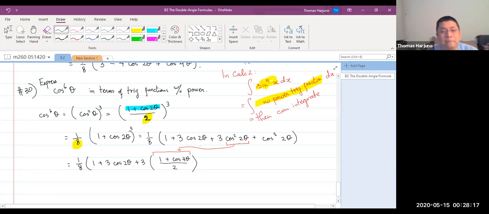Okay, and then plus, I actually have the similar thing here. I actually have cosine squared here, right? But let me leave it like that for now. Cosine cube 2 theta.